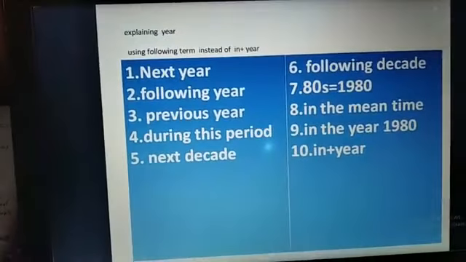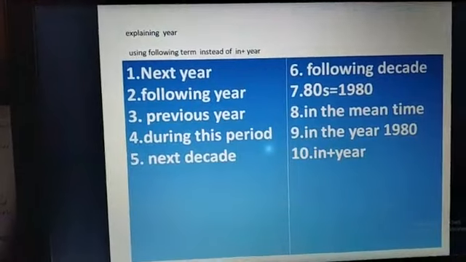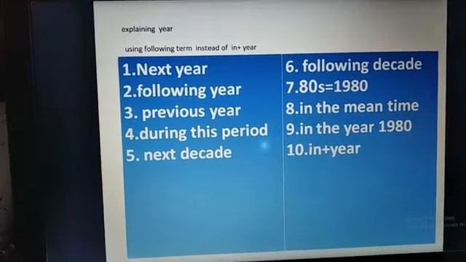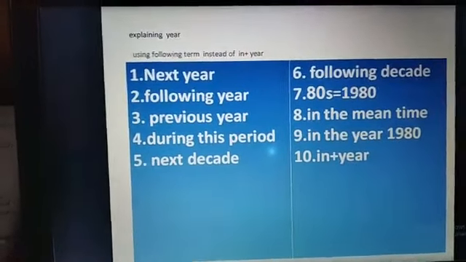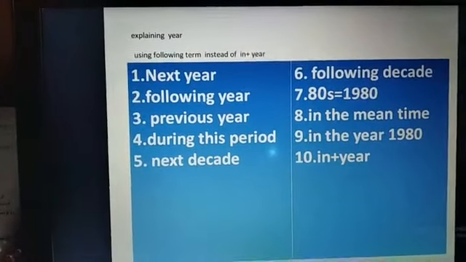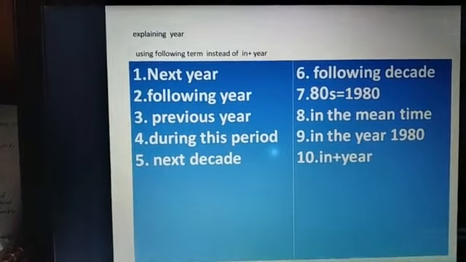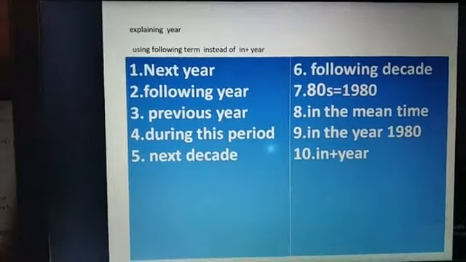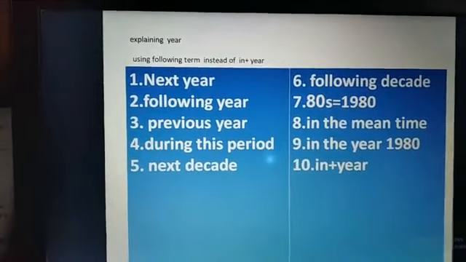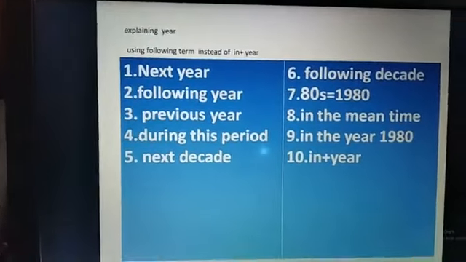Number two, explaining years. A graph indicates different years and different percentages. Here we find a vertical axis and a horizontal axis, and on them we find years and percentages. When we find years, we don't just use "in 1990".